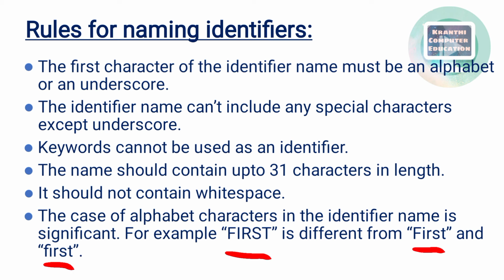So here, uppercase first is different from lowercase first and different from the mixed combination of upper and lowercase. So each and every identifier is different. That means the case is significant here because C is a case sensitive programming language. Uppercase is different and lowercase is different.